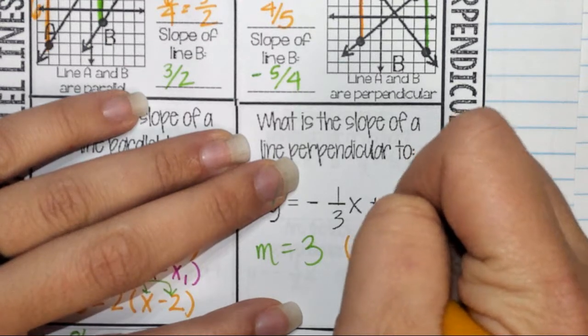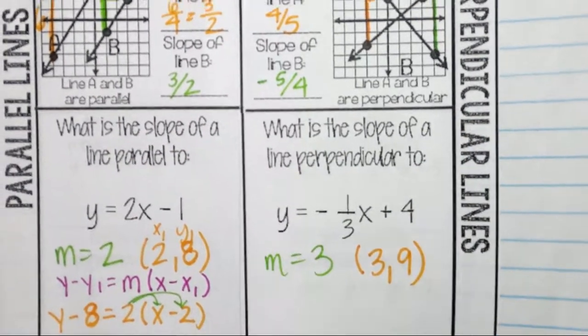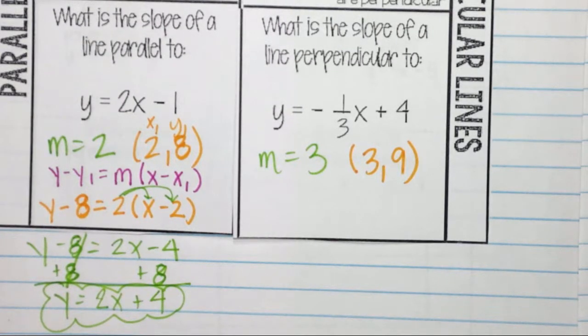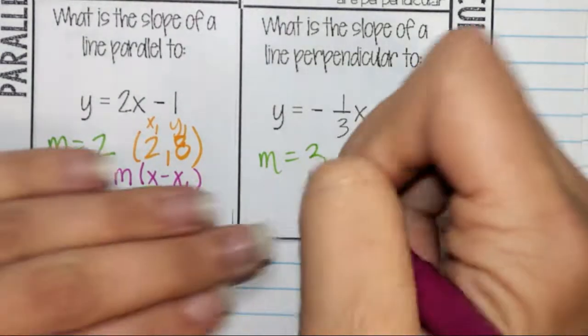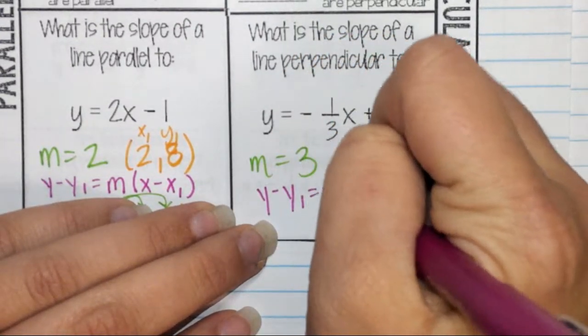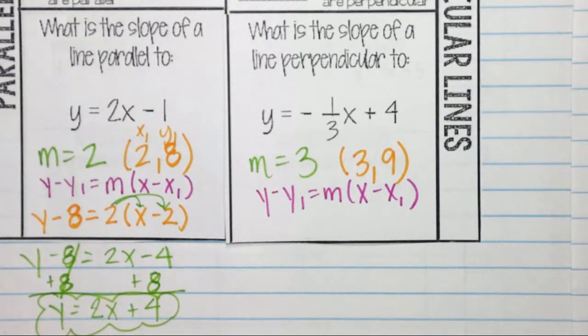Alright, and if it passes through the point 3, 9, do we know how to write that? If I give you a point and I give you a slope, what form do you write it in? Y minus y1. Okay, can we just say point slope form? So let's try it again. What form do we write it in?